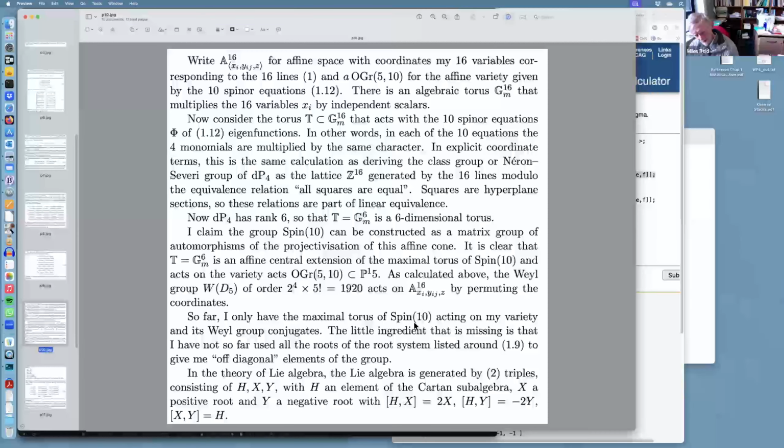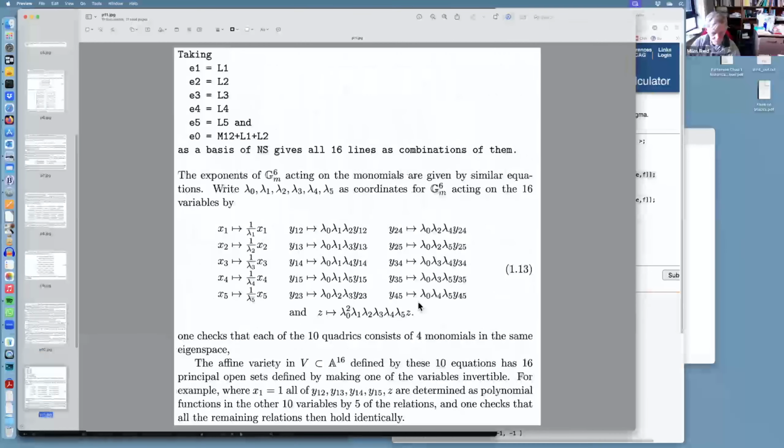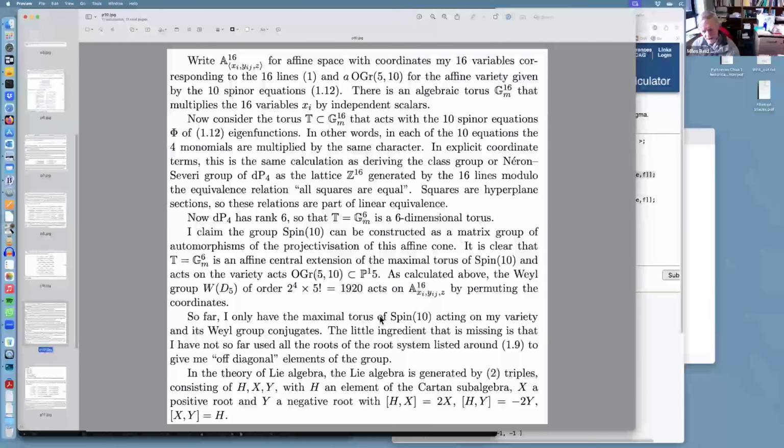So now I'm doing the spin. I can also do its symmetry under this group of order 1920, right?